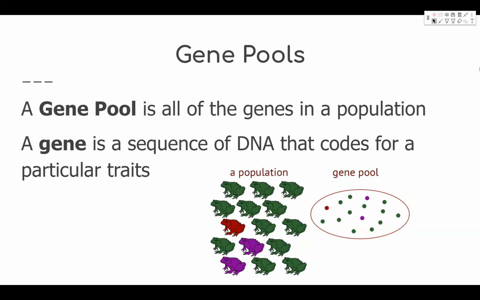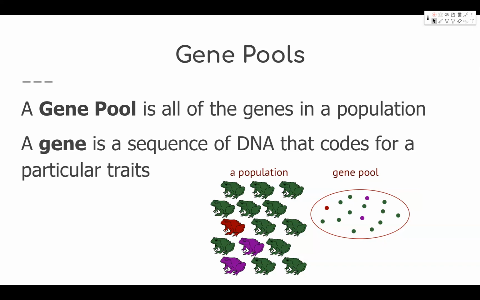So we've got a little bit of DNA that codes for these traits, these physical characteristics, and all of those little pieces of DNA, all of those genes that code for all of those different characteristics, is considered the gene pool. So the gene pool in this population is 12 green genes, 2 fuchsia genes, 1 red gene. Population versus gene pool.